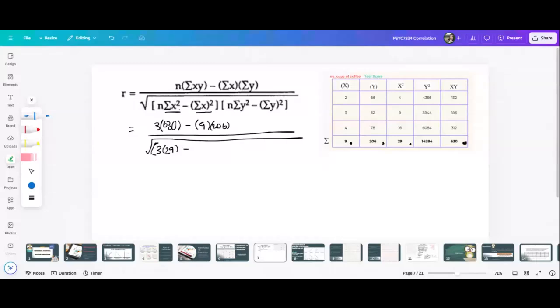I know it's a little bit difficult to put into words, but essentially, this is the sum of the x squared values, but this is the sum of the x values and then squaring that number, right? 3 comes from, there were 3 sets of numbers, so like 3 participants. That's where 3 comes from. N is always the number of participants in a study, or the number of data entries.